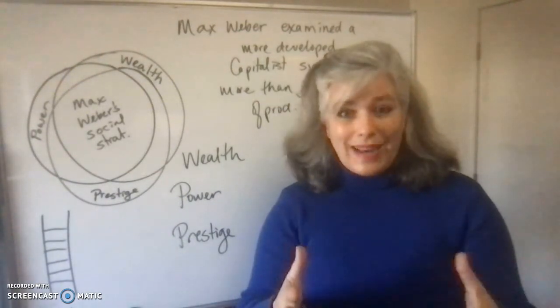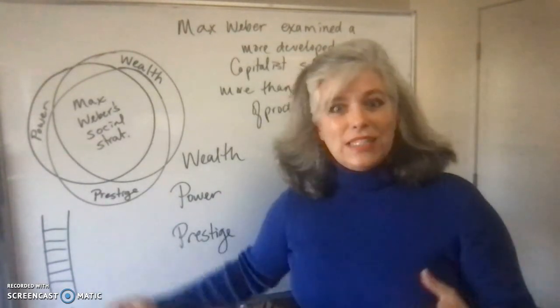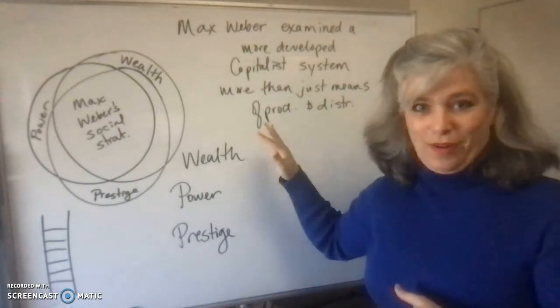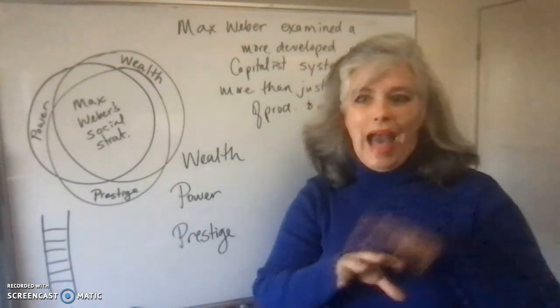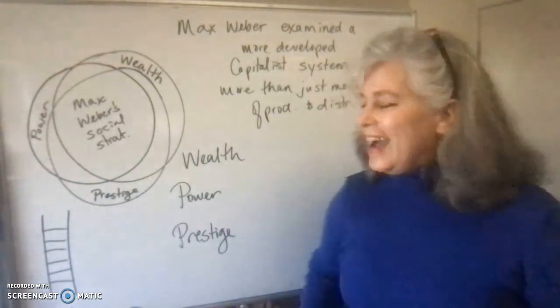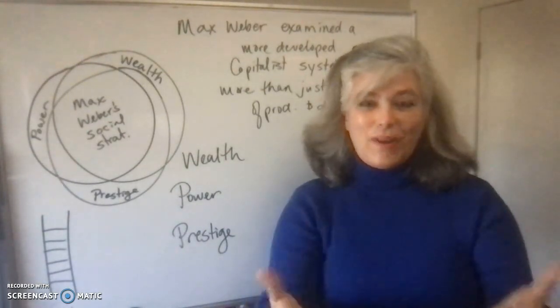So please read about those in chapter 7 and get a distinction for these six different rungs on the ladder that can apply to Max Weber's model. But this concentric circle thing, the overlap of these three achieved statuses, I got it right that time, that's a better picture to explain where he's coming from.